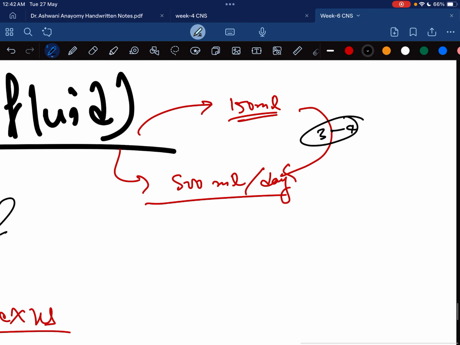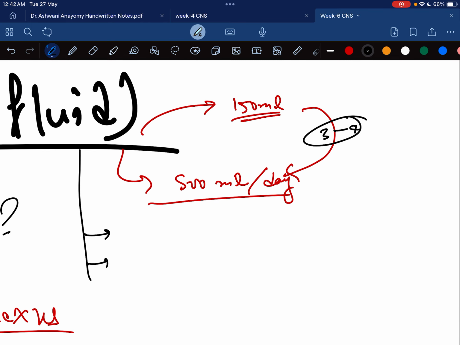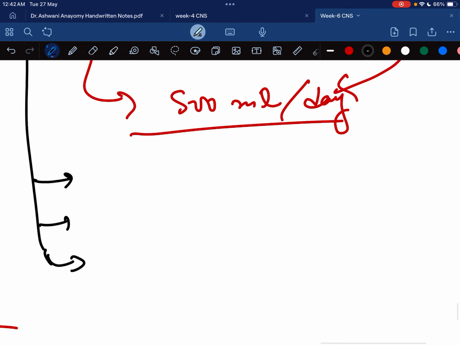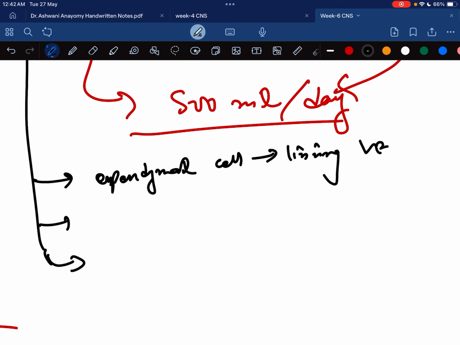There are some types of cells that contribute to the CSF. The contributors are the ependymal cells, which line the ventricles, we already discussed in the anatomy portion.